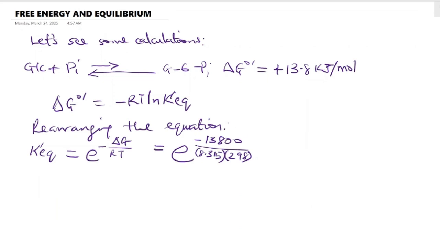You notice that the 13.8 kilojoules was converted to joules, because our R value is in joules. And in solving that out, what you have as your KEQ is equal to 3.8 times 10 raised to the power minus 3.